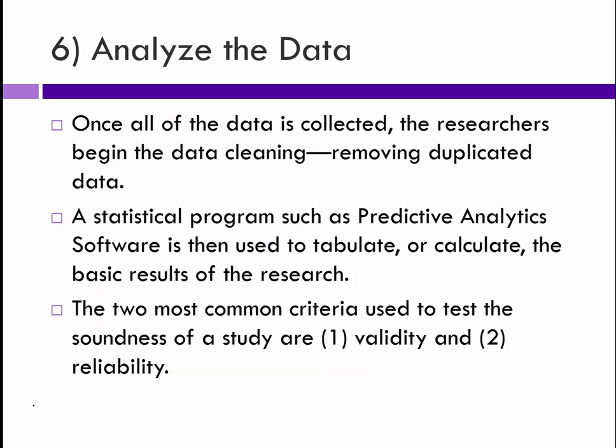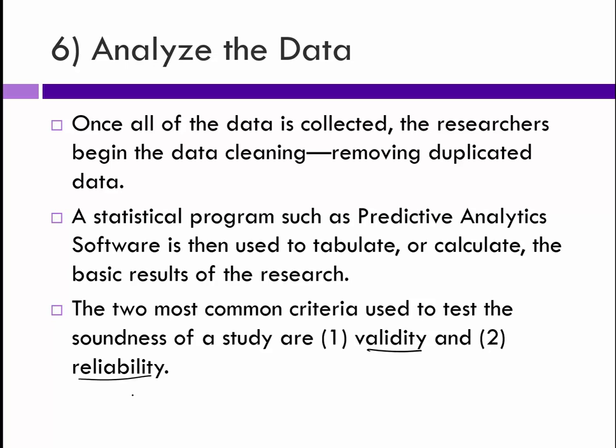So step 6 is to analyze the data. Once it's all collected, we remove duplicate things, clean it up. We have all kinds of statistical programs to help tabulate and calculate that, and use those to build models and predict behavior. We have to test the validity and the reliability of the data.